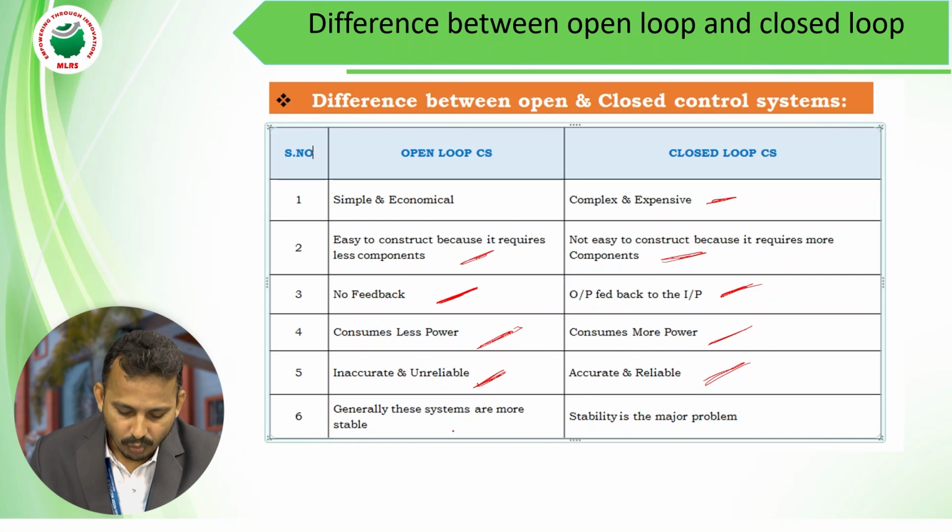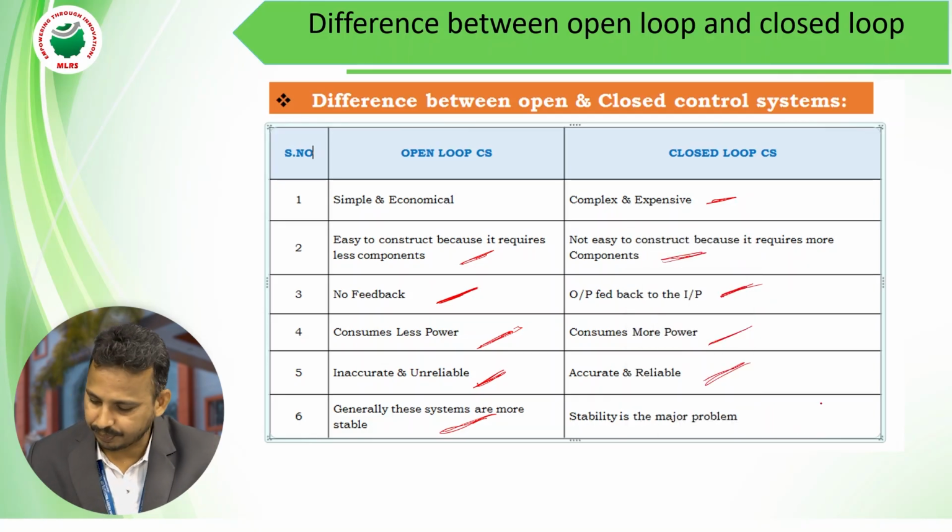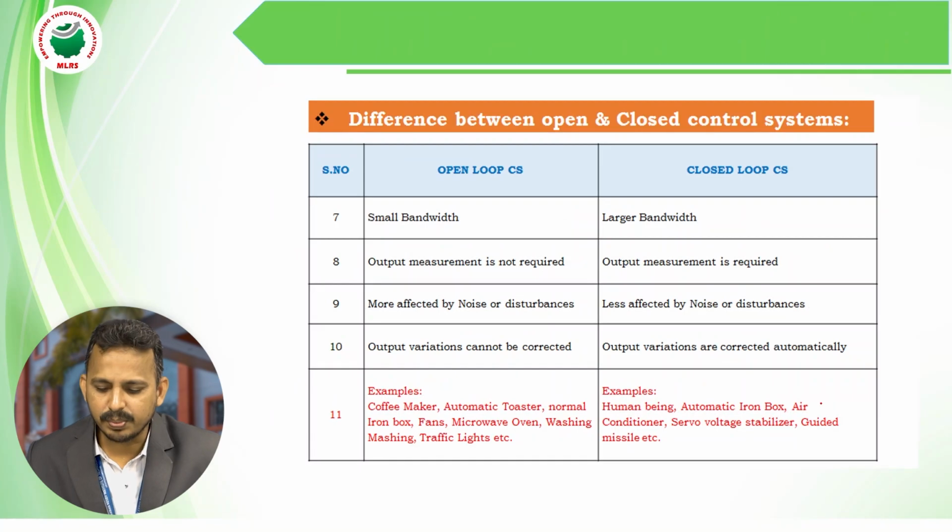Generally, open loop systems are stable. Stability is the major problem in the closed loop system. Next difference: open loop systems have small bandwidth, and closed loop systems have large bandwidth.